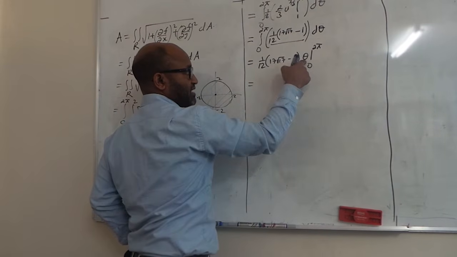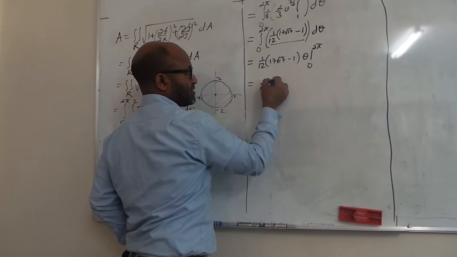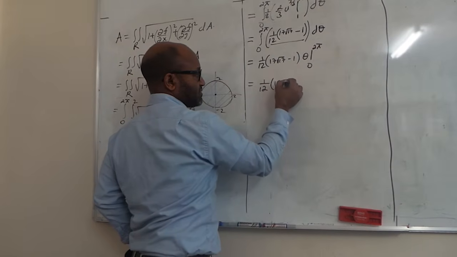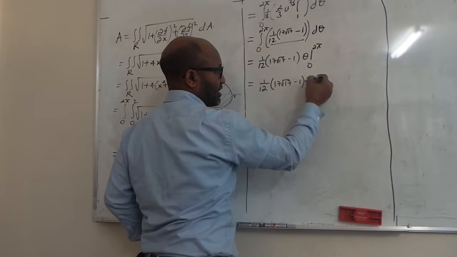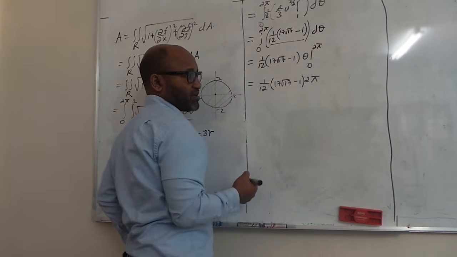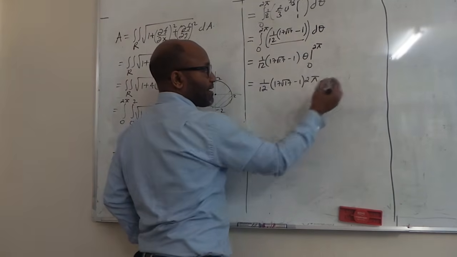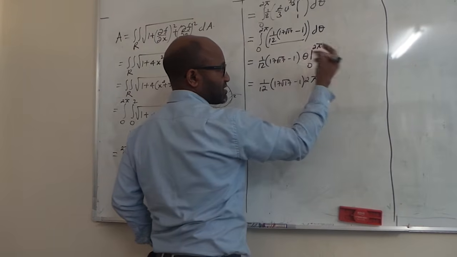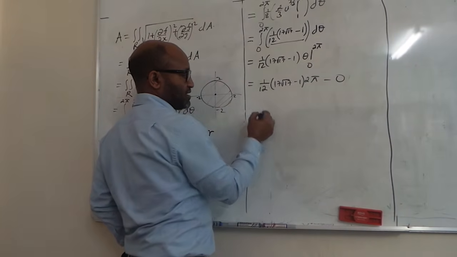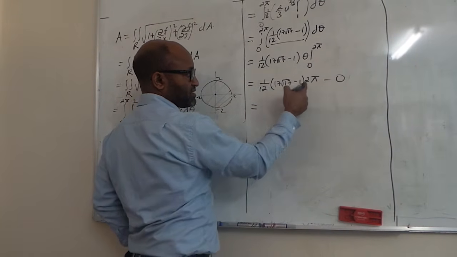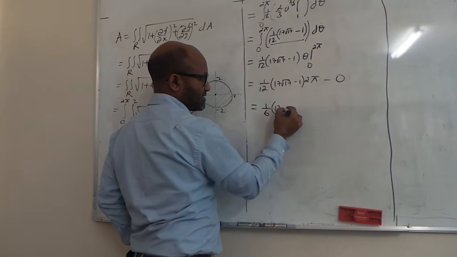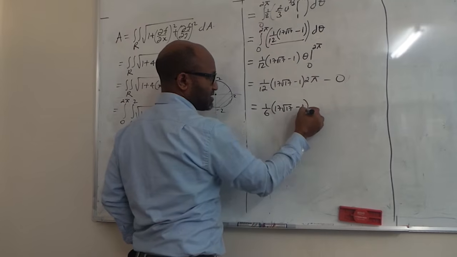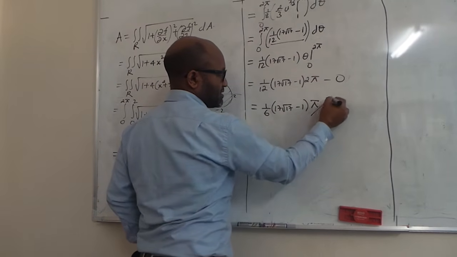Upper limit እንተካለን: 1/12 (17√17 − 1) times 2θ, I mean 2π, θ replaced by 2π minus 0, ስንተካ 0 ይመጣል minus 0. Therefore the integral result is 2/12, that is 1/6 (17√17 − 1)π.